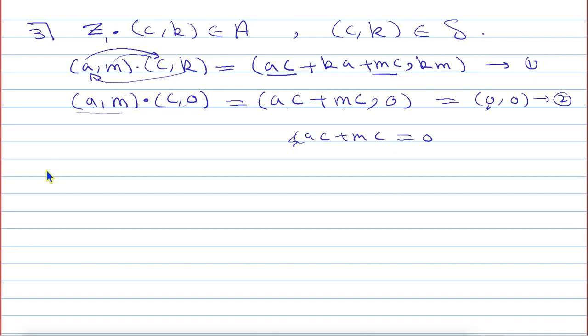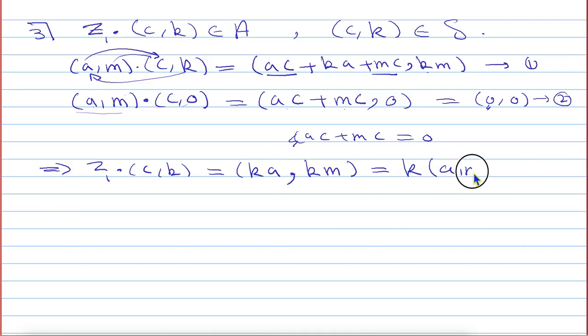So this means that Z1 dot (C, K) equals (KA, KM), okay? And therefore we can take this K out here, and we have here (A, M). But (A, M) is in A, and the product of (A, M), of course, with any element of R is 0.